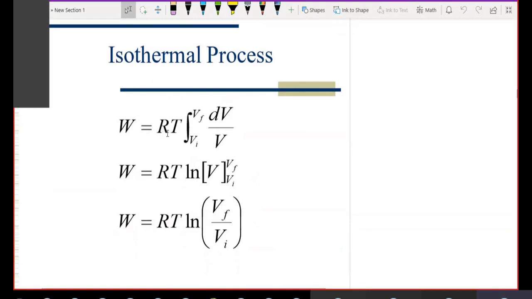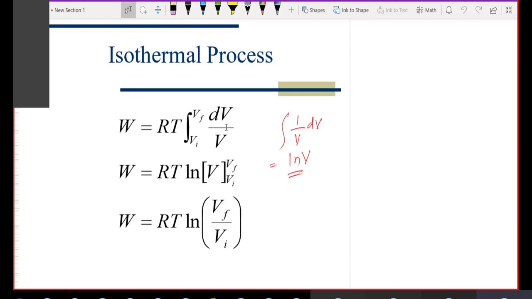These two constants come outside the integral, and we just integrate dV over V, and we know from our elementary integration techniques that the integration of 1 over V dV is equal to just the log of V, that you already know.